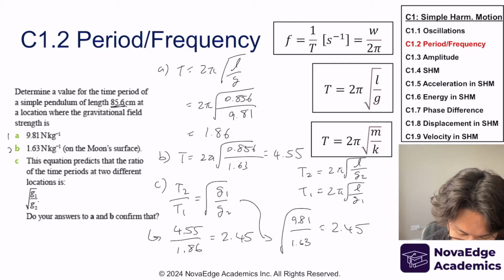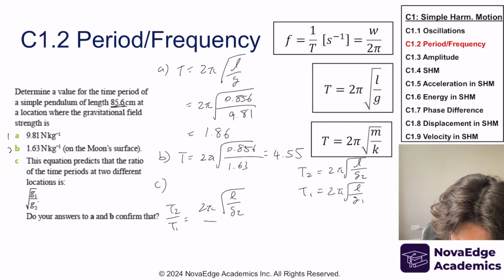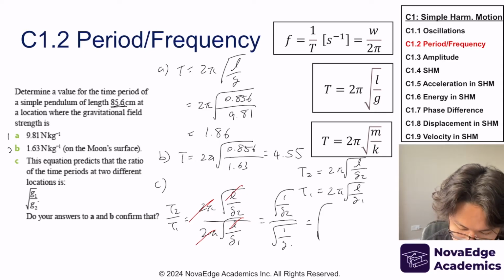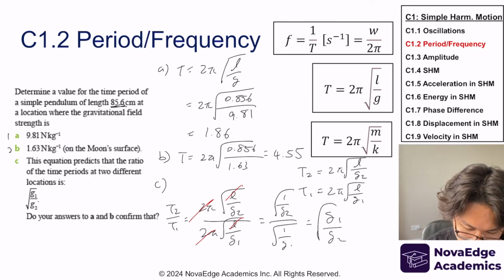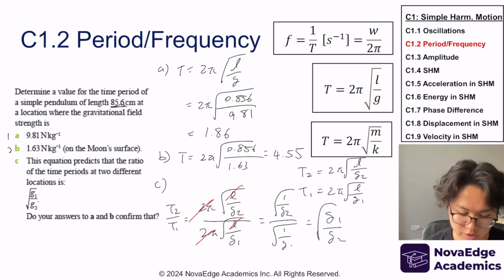So if I divide these two, T2 over T1 is equal to 2 pi root L over G2 divided by 2 pi root L over G1, which after canceling out the top part, I get 1 over root G2 over 1 over root G1, which is the same thing as root G1 over G2. Okay, a little quick math derivation that hopefully you can follow.